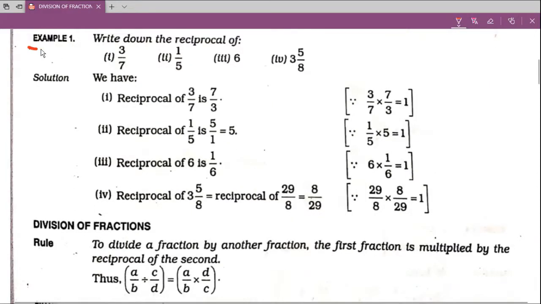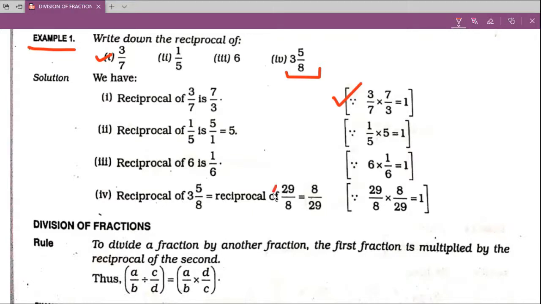Let's take the first example. Write down the reciprocal of 3 by 7. Obviously, the reciprocal of 3 by 7 is 7 by 3. The product of 3 by 7 into 7 by 3 is equal to 1. Take the mixed fraction 3 whole 5 by 8. It will change into an improper fraction: 8 threes are 24, plus 5, is 29.